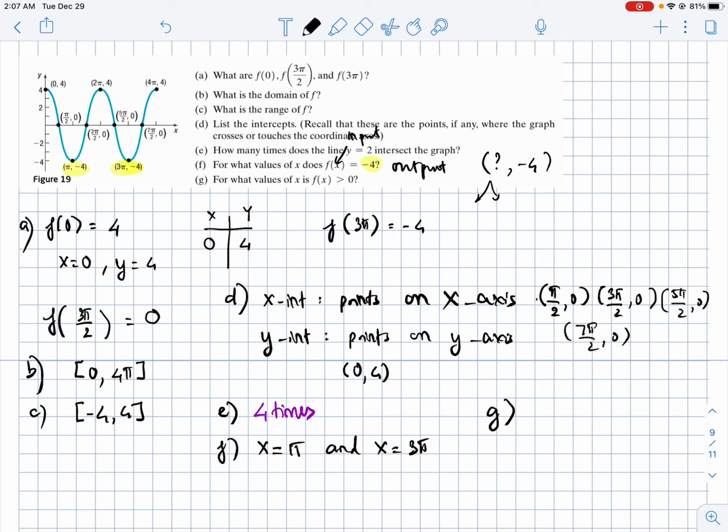Problem G. For what values of x is f of x greater than 0? What is f of x? X is the input, f of x is the output. The output is bigger than 0, so it has to be anything above 0. We look at this graph and at the intervals that I'm going to highlight.